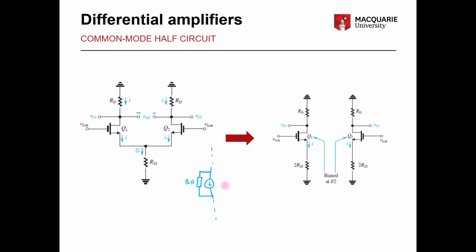So that can be redrawn in a more symmetrical manner, where each of these resistors is equal to 2 RSS. So of course the total resistance remains the same as the original circuit, but we now have perfect symmetry.